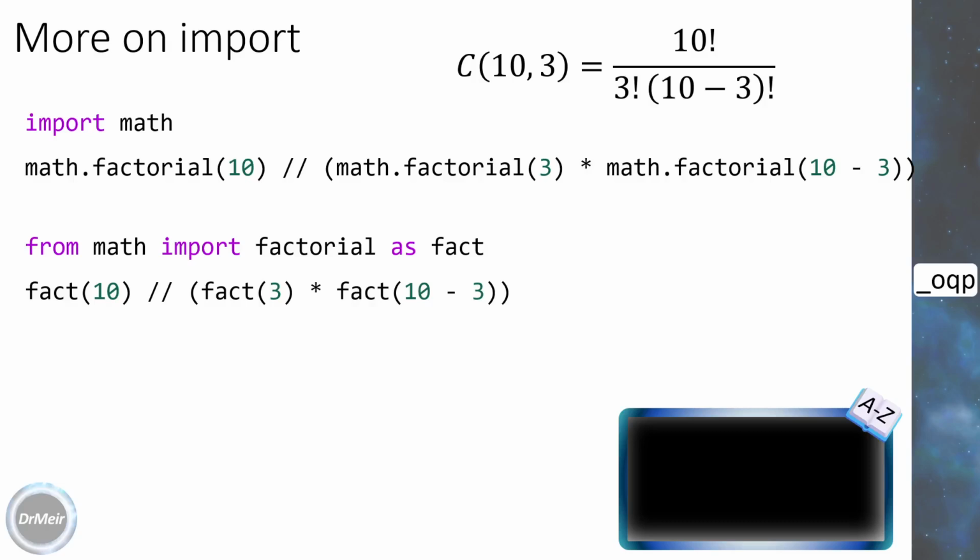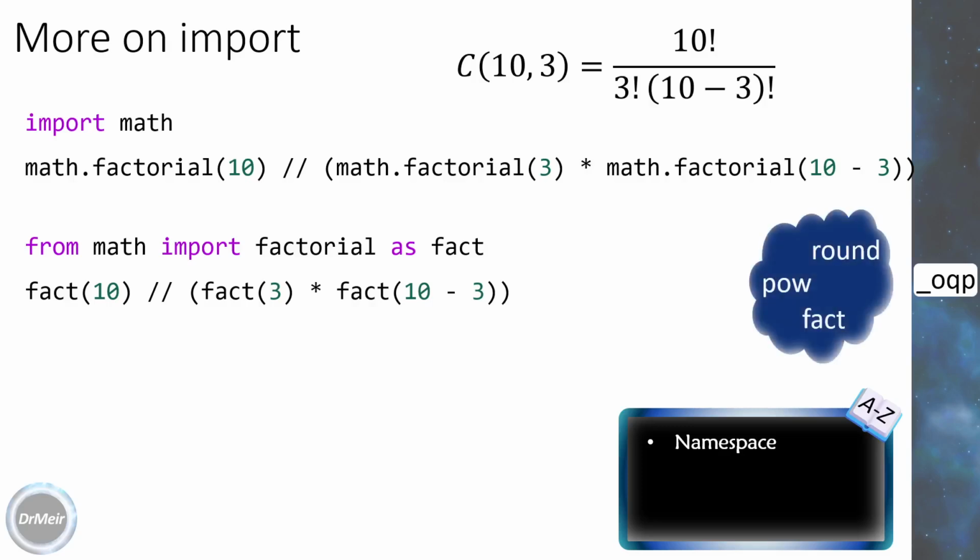The set of names defined at any given point in the program is called the namespace. In our example, after the import, the built-in functions such as pow and round and fact are in the namespace. When a name already exists in the namespace and you introduce the same name with a different meaning, a name clash results.